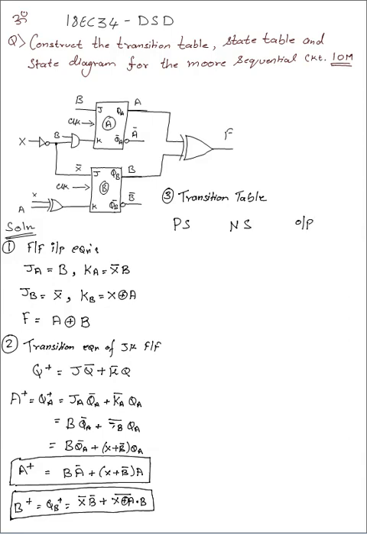Now, the next state will depend on two things. My present state will have AB, and x equal to 0, x equal to 1. Similarly, here the output will be F equal to A XOR B, because this is a Moore model.